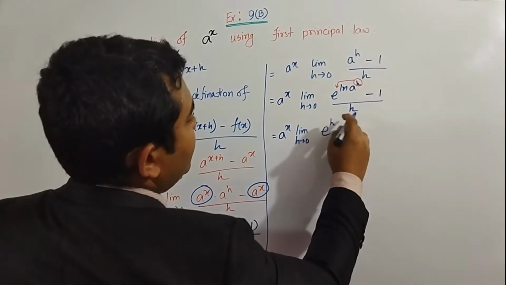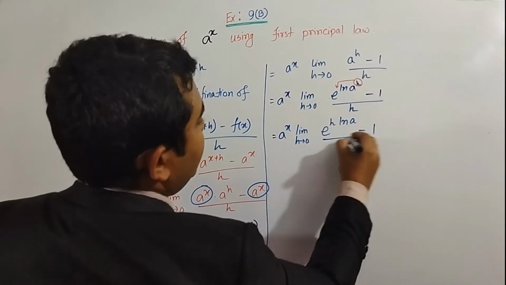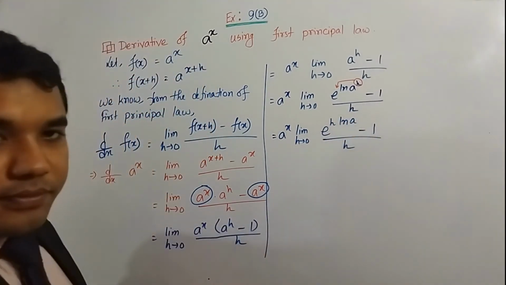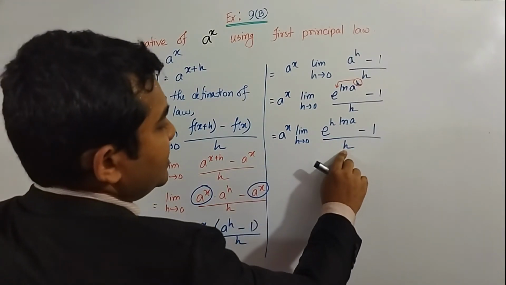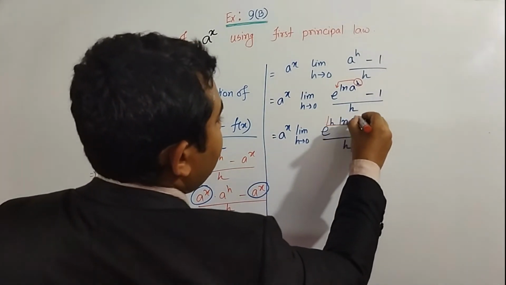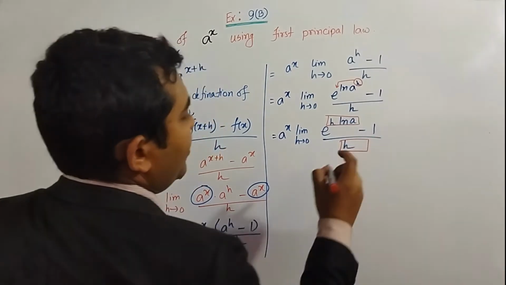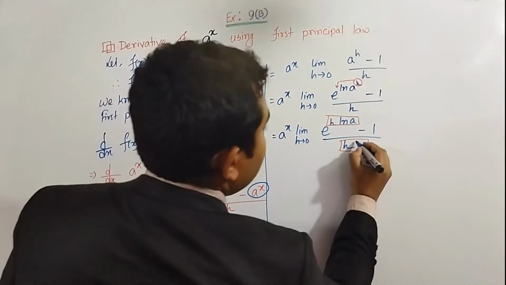Wait, it should be e to the power h ln a minus 1 divided by h. We know the formula of e to the power x minus 1 by x, isn't it? But here one problem arises, that here is h. If this part and this part are the same, then we can write it as 1.